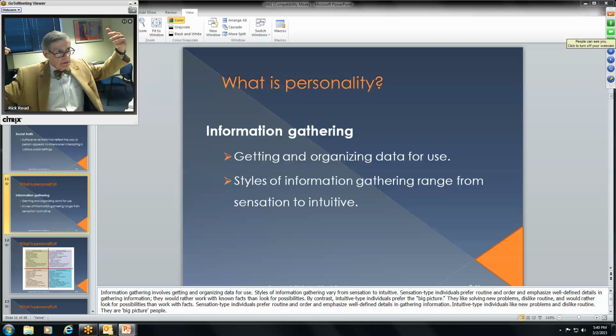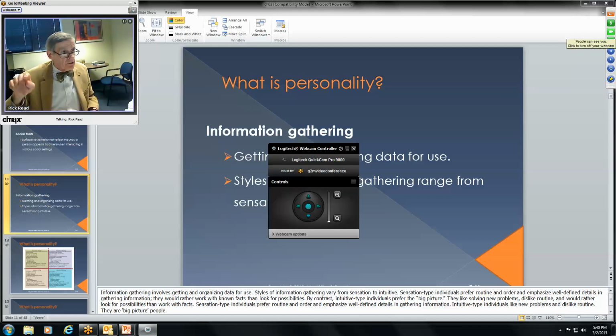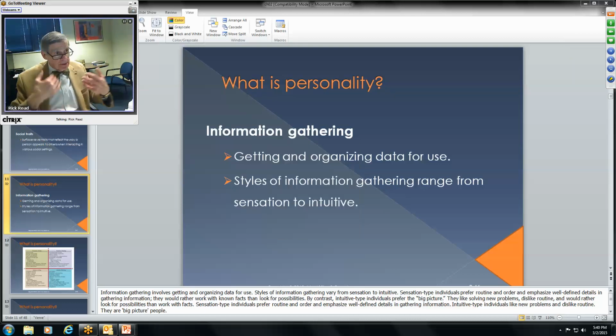Now that doesn't mean the person who gathers information from within doesn't use this information out here in the environment. He or she does use that information, and that person brings it in, internalizes it, and then does something with it.